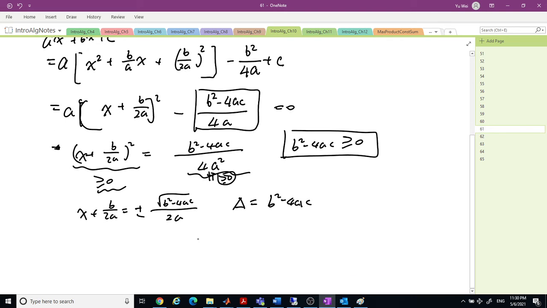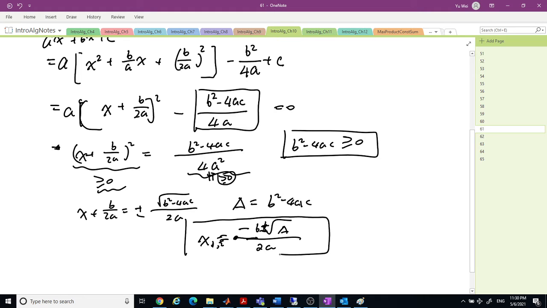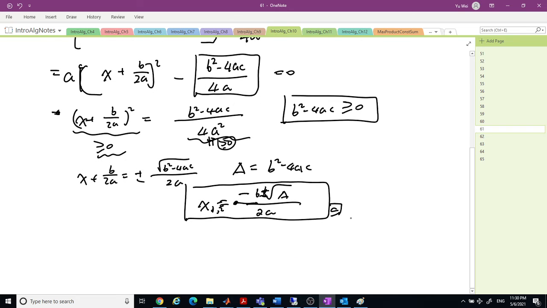Then we have the solutions x1 and x2. Let's write them together. Okay, so this is the general solution to the quadratic formula.